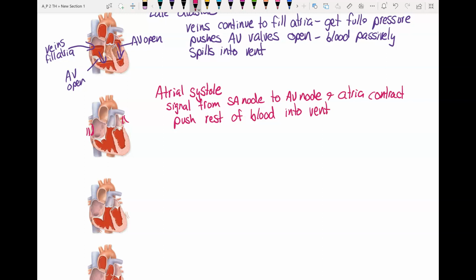So now the ventricles are full. And this amount of blood that fills the ventricles is the end diastolic volume. Okay, so end diastolic is the relaxed or the resting phase, and end, so it's after the heart relaxes.